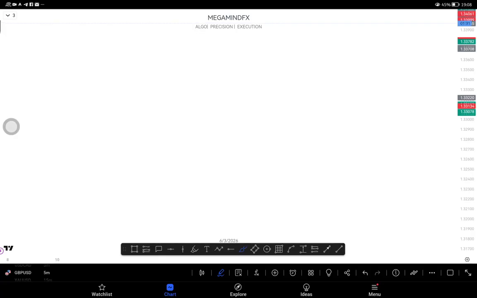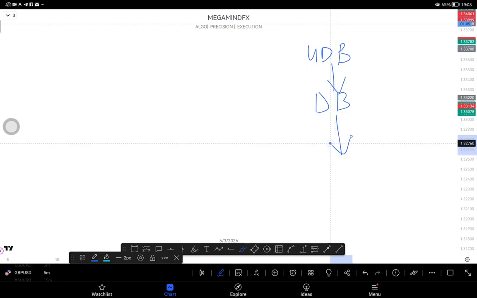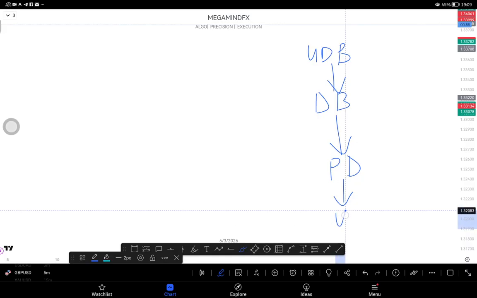This is pretty much what it is. So for instance, there are rules to UDBs. First of all, this is UDB. First thing first, this contains DB. It also has everything to do with previous day. It has also everything to do with being unmitigated.